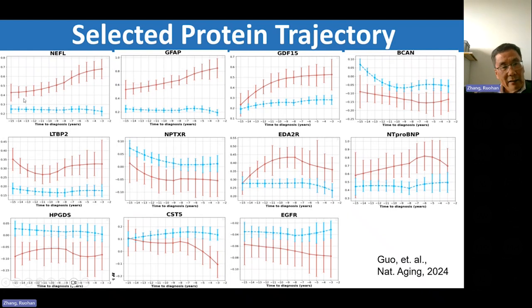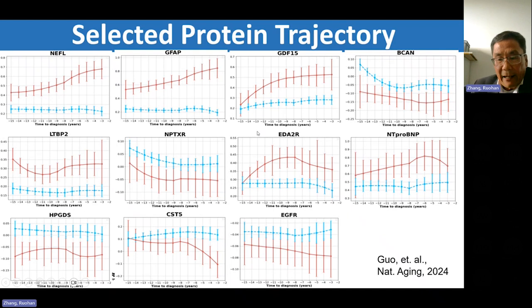We can predict the disease 15 years ahead, we can do a very good job. Once we select these 11 proteins from the 3,000 proteins and put them together, I'm sure you are pretty much convinced. With these 11 proteins, we can do a very reasonable job.